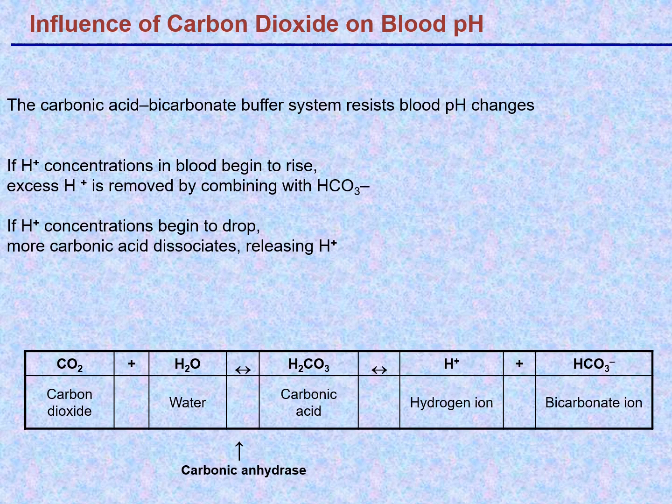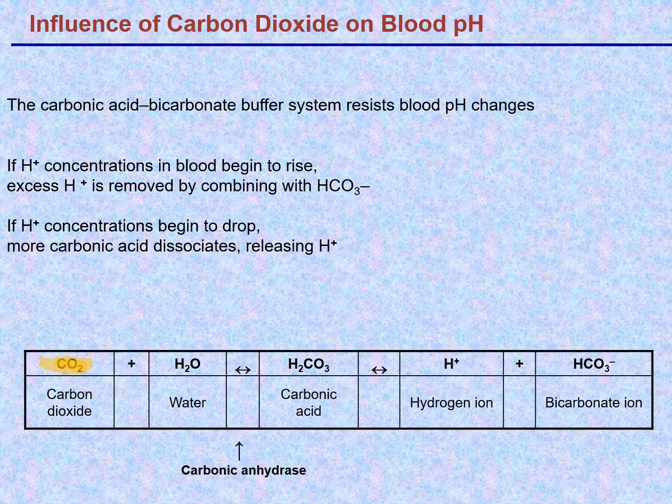I just wanted to point out something important that I talked about a little bit before: when you have more CO2, and you do have more CO2 in the tissues, particularly tissues that are metabolically active, like muscle tissue that's actively contracting and relaxing and using up a lot of carbohydrates, oxidation of carbohydrates generating a lot of energy, you'll generate a lot of CO2.